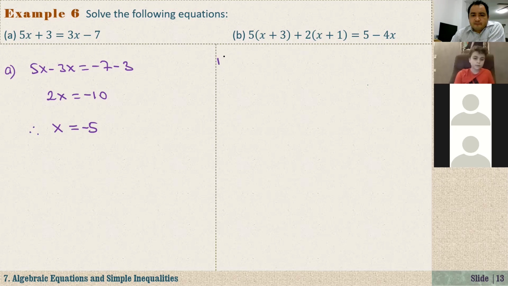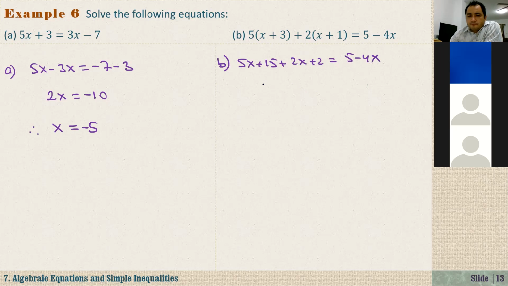Okay, Selin. So first we need to expand the brackets. It will be 5x plus 15 plus 2x plus 2 will be 5 minus 4x. Then 5x plus 2x.